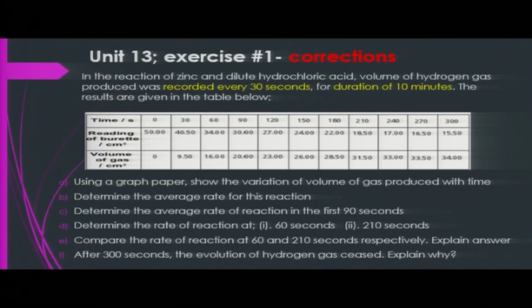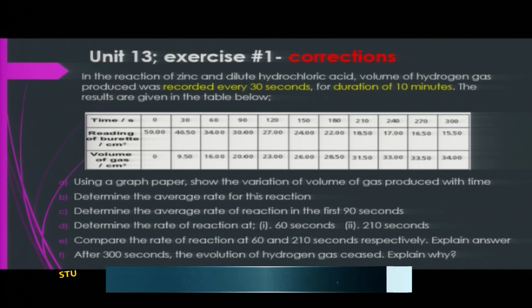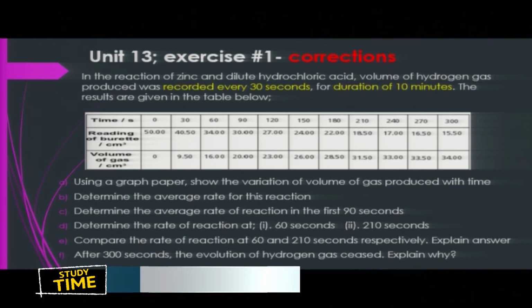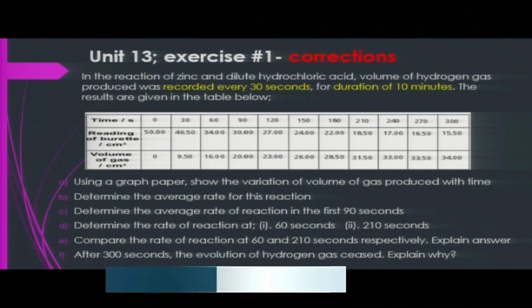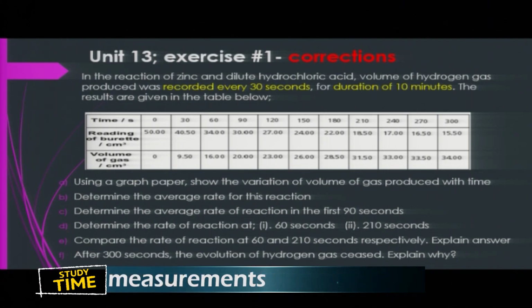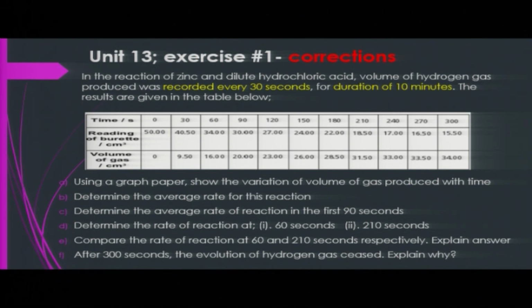So this is the exercise I left you with. Remember, we are to go through it extensively and understand it, so that even when we don't do other exercises, you are very comfortable with any question that would come on rates of reactions.